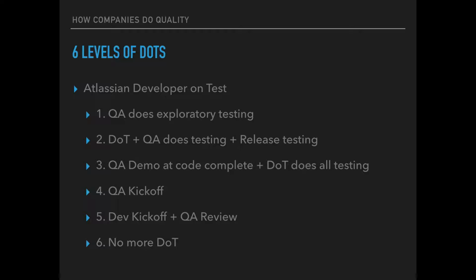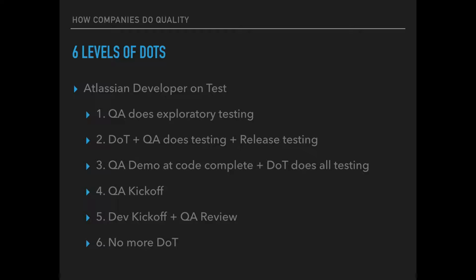The QA person and the developer on test do the testing for that release, and then once the release is ready, the QA person does exploratory testing on what's ready to be released. Then they wanted to get the QA person out of that role and let the developer on test focus on that.